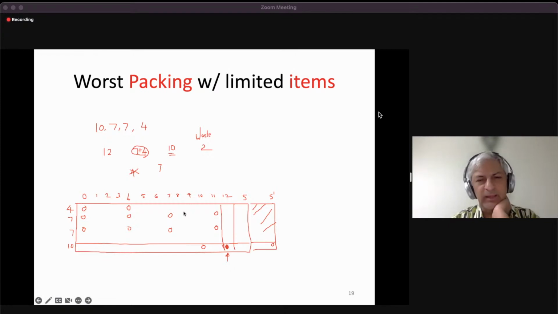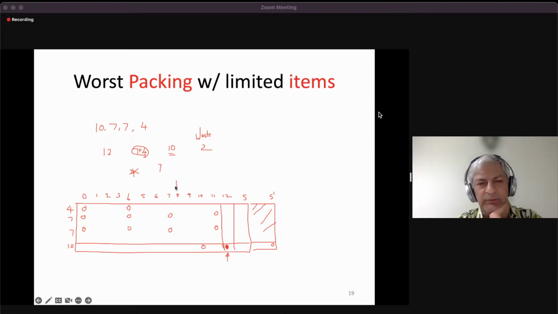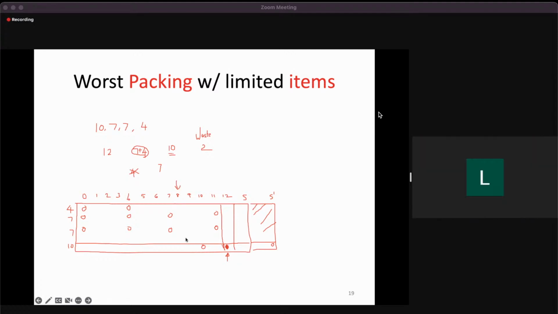I didn't quite follow that. So you want to look at column 8? Yeah, let's say we mark column 8. And then we look at all the zeros from column 8 to 12, in all the rows.